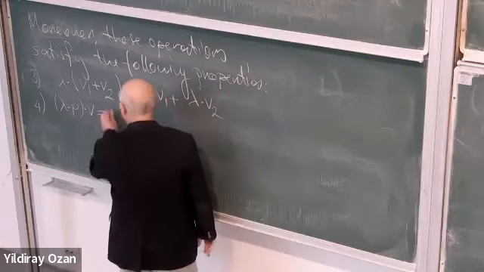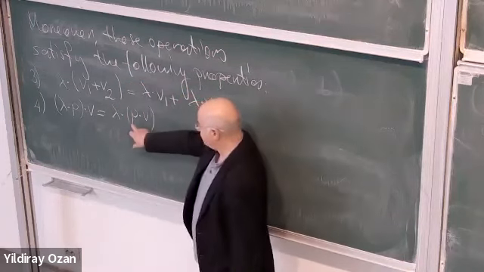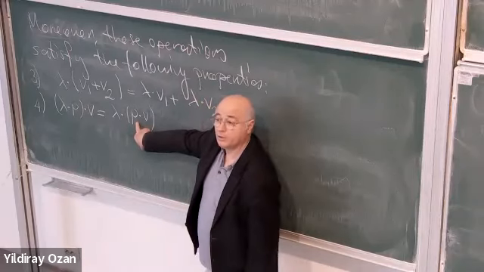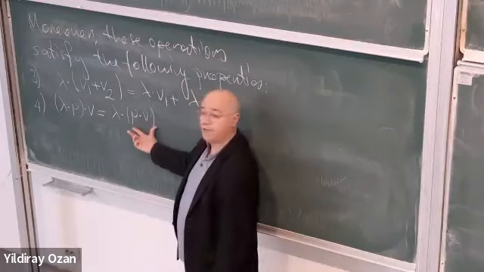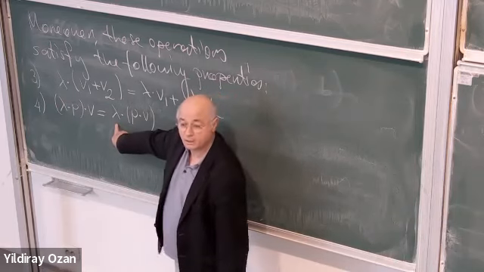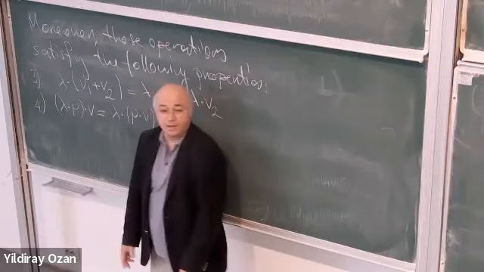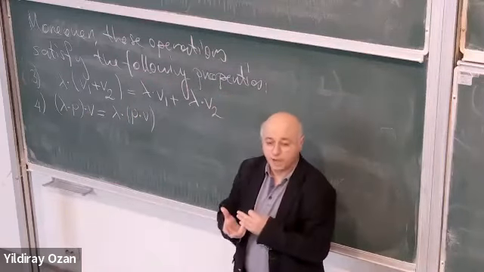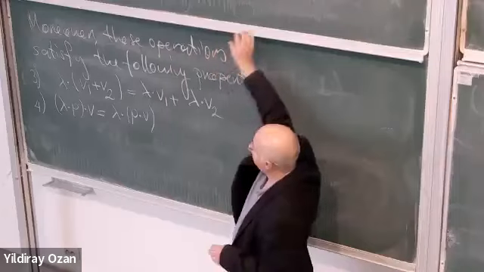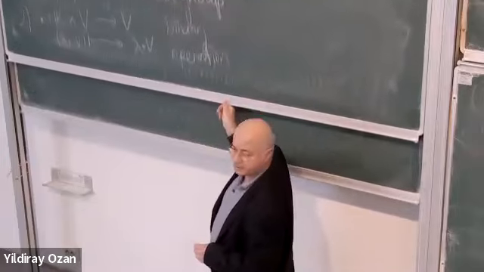And we ask that this should be the same as the following. You may just first multiply your vector with the first scalar, and then you obtain another vector, and you multiply this vector with the second scalar. What you should get is this product, okay? So the product operation of the field and the scalar multiplication operation of the vector space are compatible in that sense.